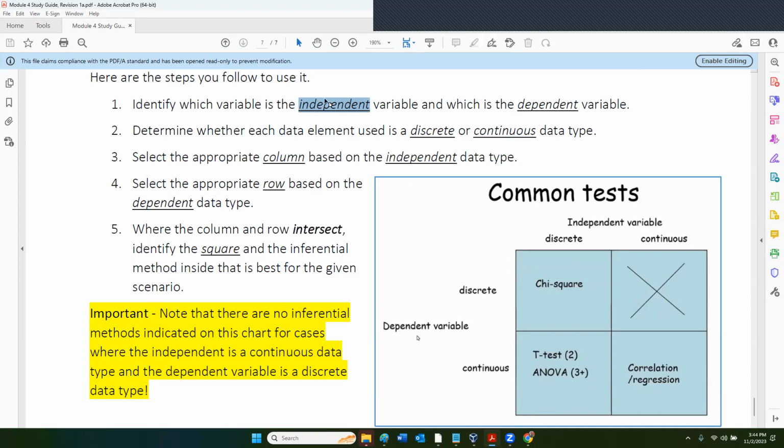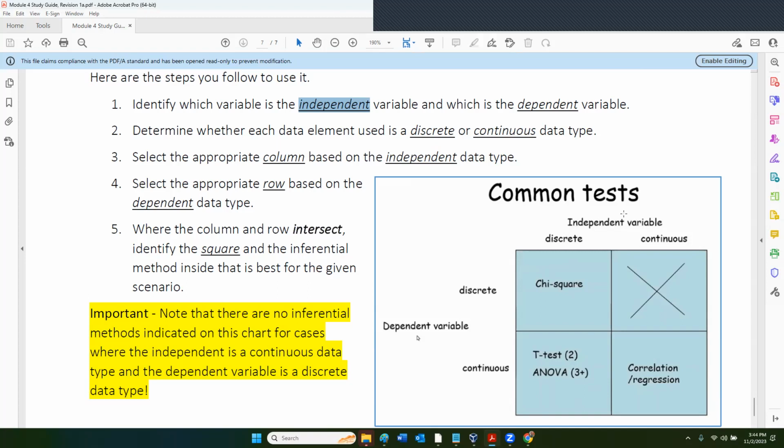So once you determine those specific criteria, then you're ready to use this simple chart. So you select the appropriate column based on the independent data type. So our independent data type in the example that we chose has to do with heat input. That's a continuous data type.